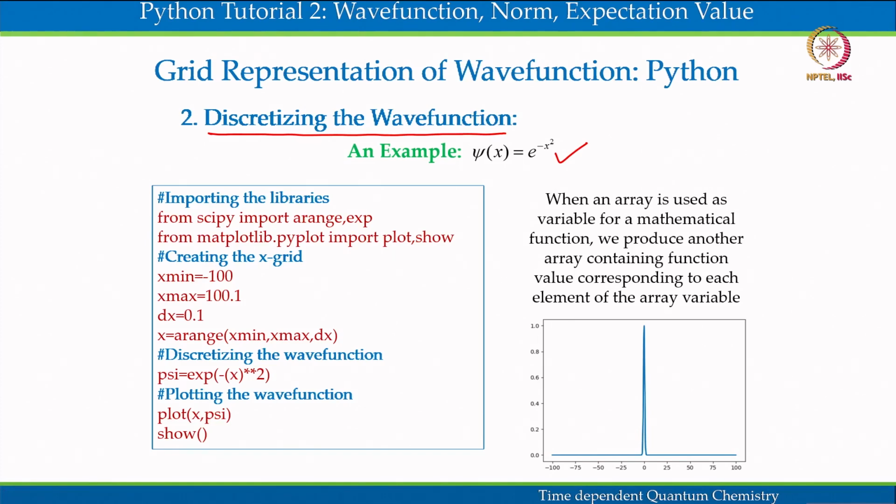So the first part of this programming is quite understandable now. We have created the x grid first, and then we have to discretize it. When you are discretizing it, it is very simple.